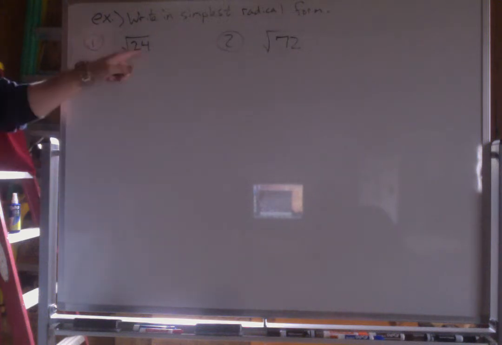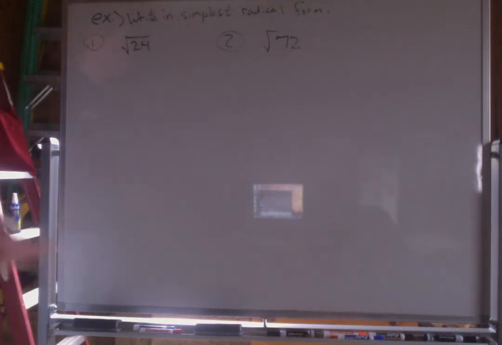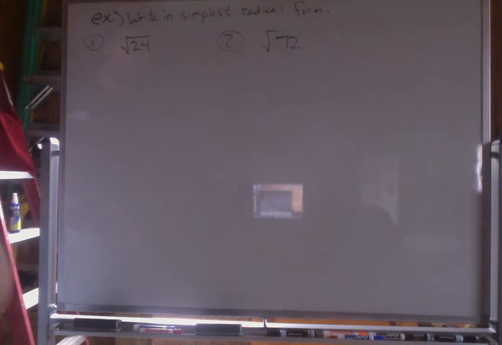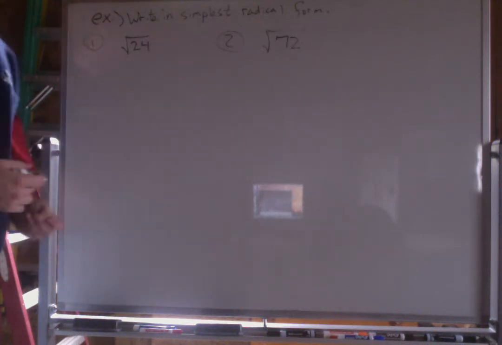So if I were to type the square root of 24 into a calculator, I would get some messy non-terminating decimal that's a little bit less than 5, right? Maybe it's about 4.8, 4.9, somewhere in there. Okay, so I'm not asking for decimal approximations. We want exact answers.